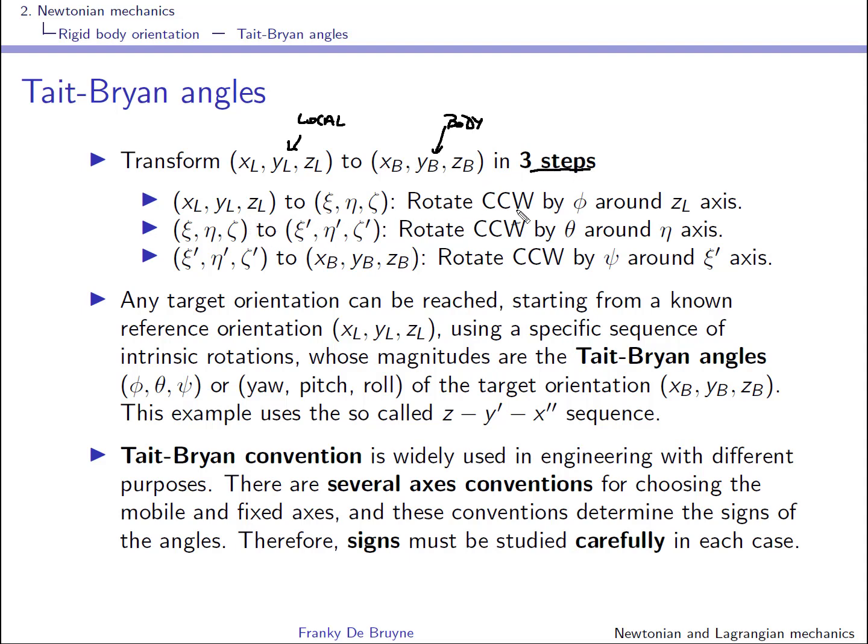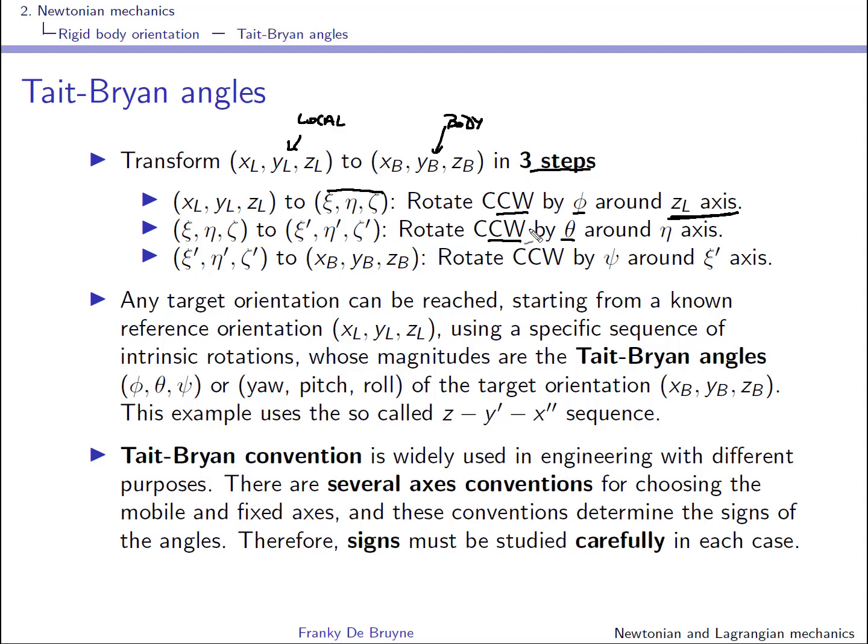So there is a first counterclockwise rotation of the angle phi around the z-axis of the local frame, right? Afterwards, you have a counterclockwise rotation of theta around the new y-axis. When you rotate with the angle phi, you have a new axis system, and you have a new y-axis.